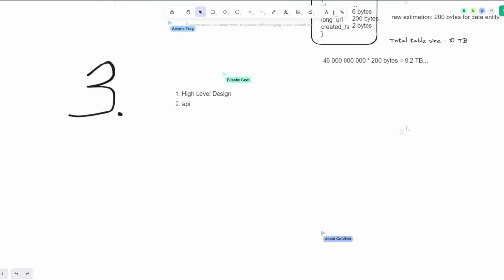Anyone can draw our service in just a square or circle, really high level thing, and draw the customer with some arrows and with some pretty simple API.